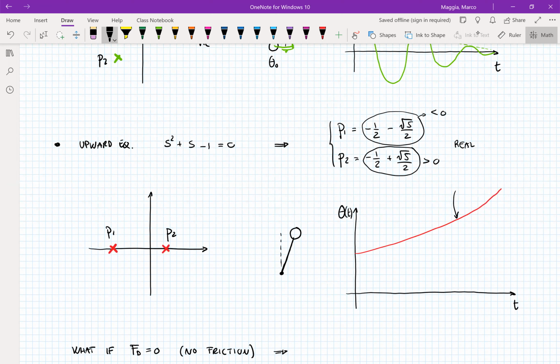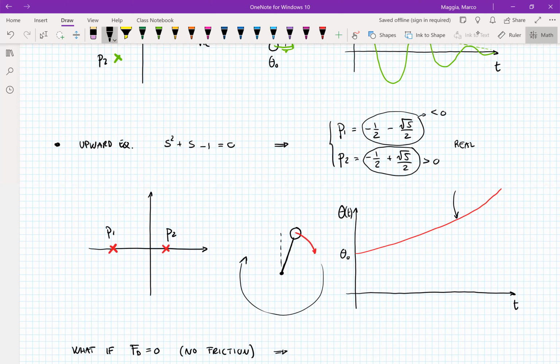So if this red line represents the angular position of the pendulum as a function of time, we start at theta naught, and then the angular position increases with respect to the vertical upward equilibrium indefinitely. Of course, for the real system, it doesn't grow indefinitely because it will just swing back, right?